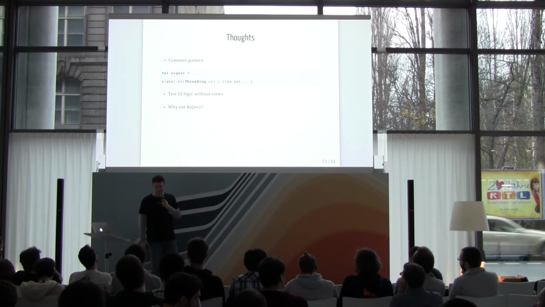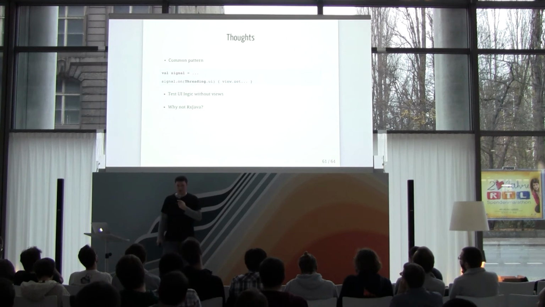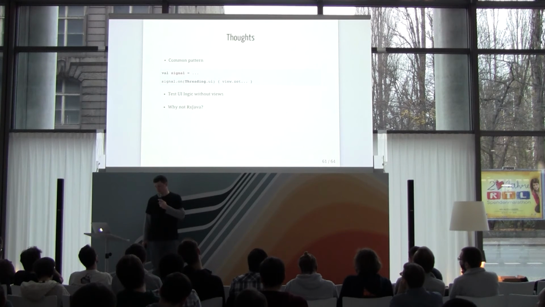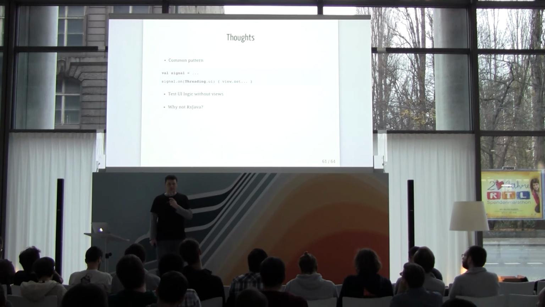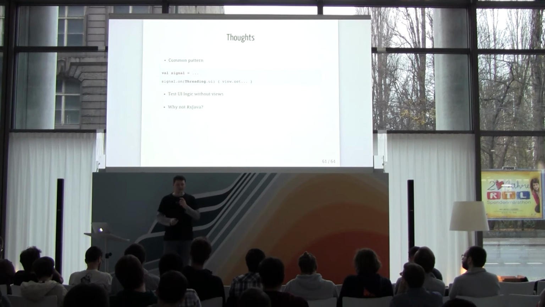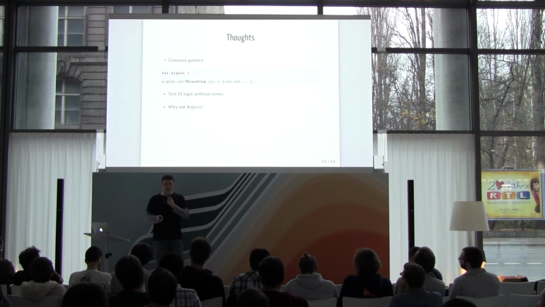One question that I get from time to time is, why not RxJava? Well, the first thing is that I wasn't really aware of RxJava when I started working on that. It was like 3 years ago. But it's actually good because RxJava has some specific properties that I don't really like, and if I knew about them, maybe I would write signals differently.